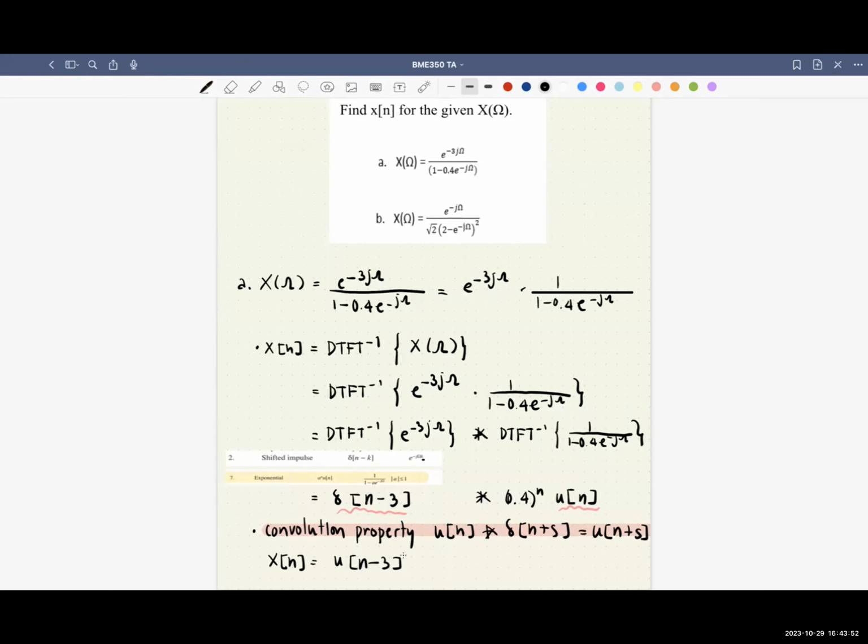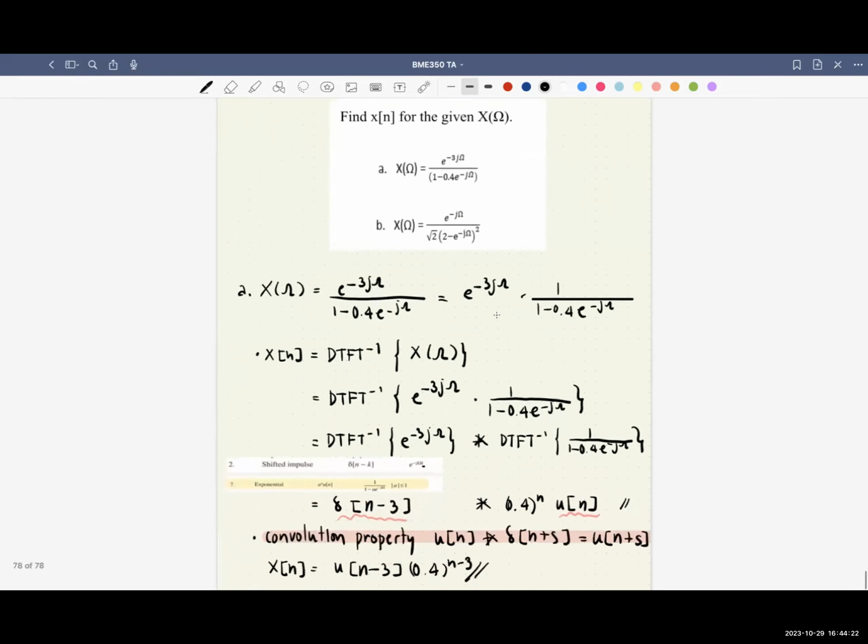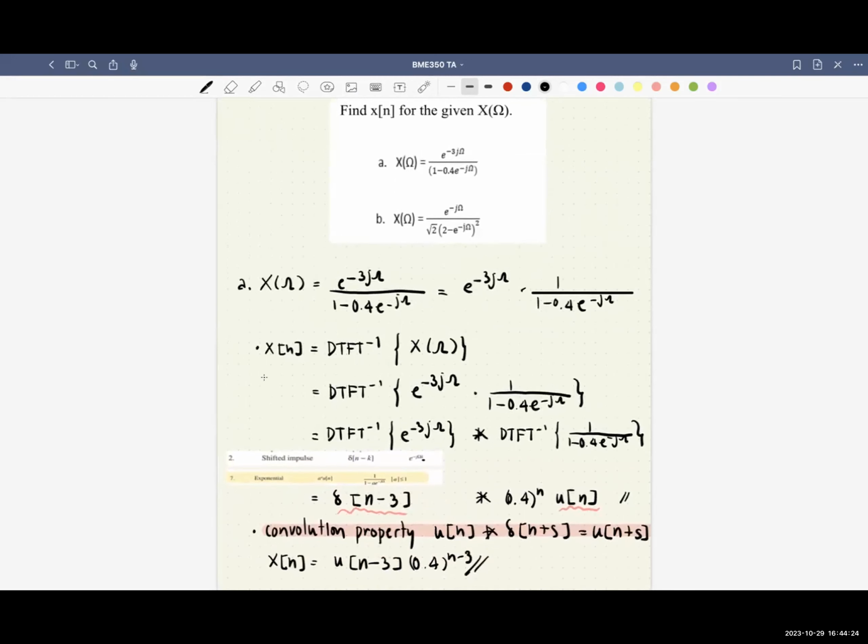And don't forget this term here. It's going to be 0.4 to the power of n, and that's also going to be n minus 3, because the delta function shifts the entire n, so 0.4 and then the u of n here. It shifts all functions, that's it. Yep, it's everything. Thank you. So that's for question A.